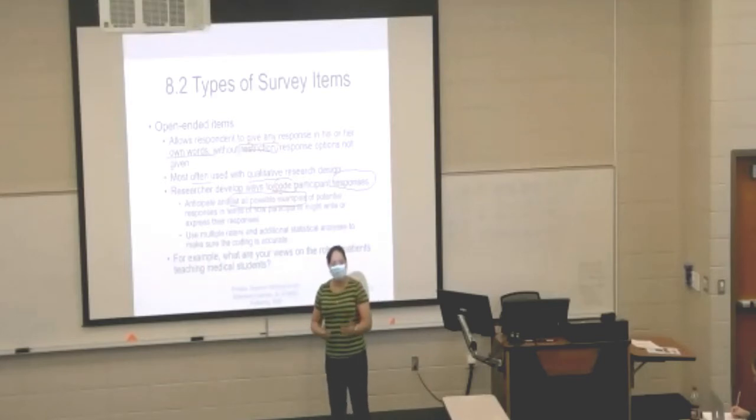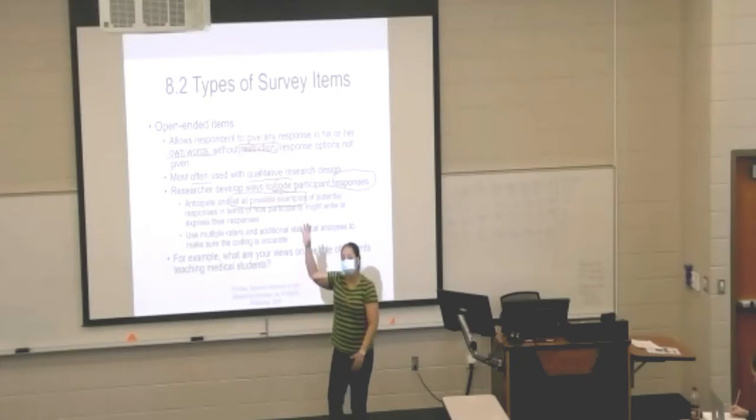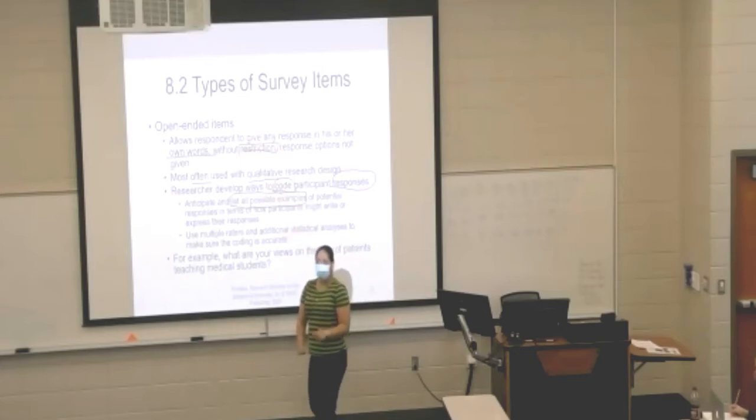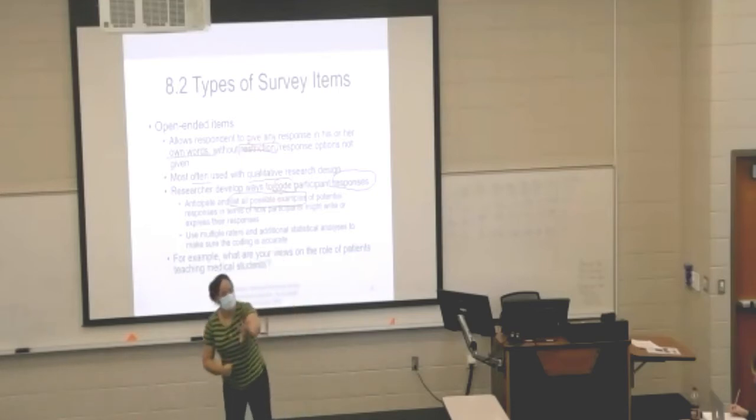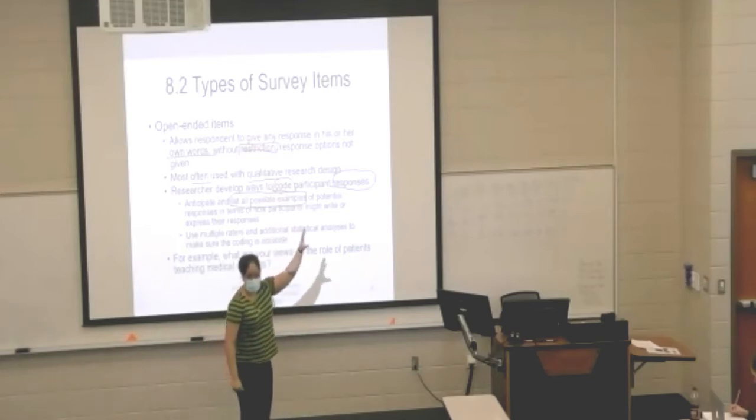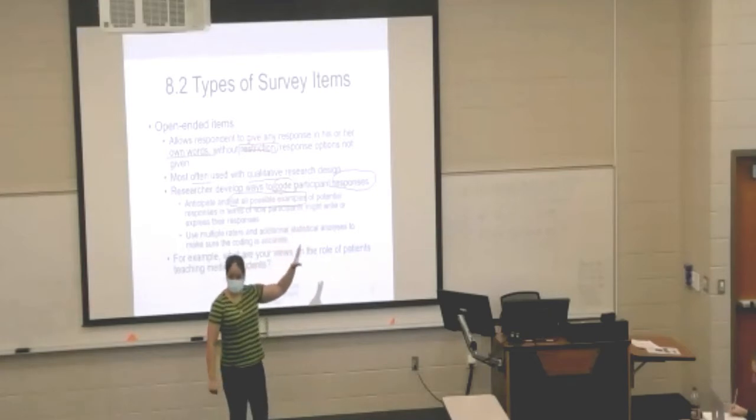So when I ask you the question, how do you feel about depression and COVID, the person may start talking about, oh, my mom died. So that is coded in this category. And then another person says, well, I had to be put on a ventilator. That was very traumatic. It was a very difficult experience. Okay, so then you're going to put this response in the serious illness category.